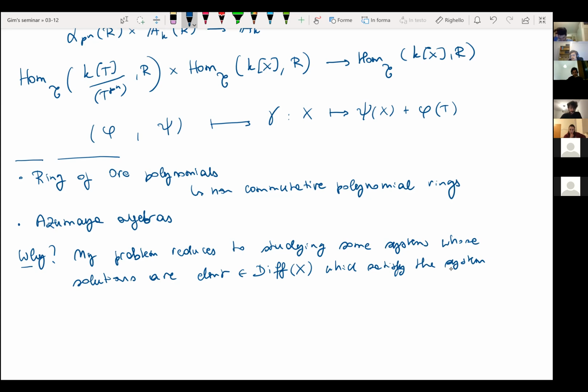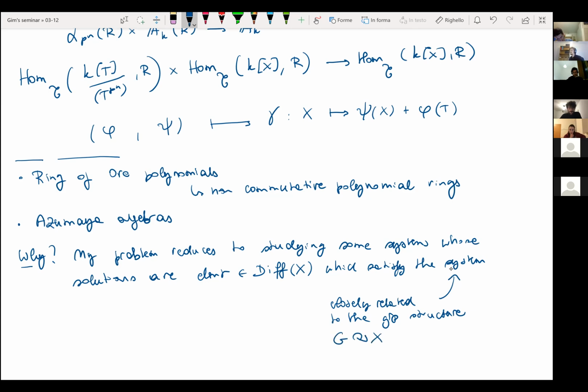And this system is defined by equations which are closely related to the group structure of the group G that is acting on X.